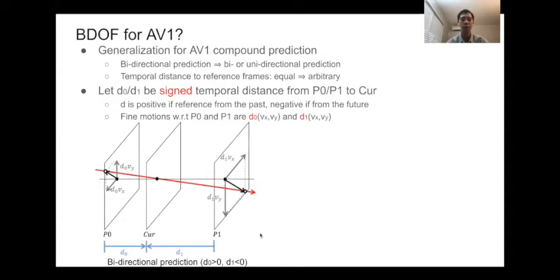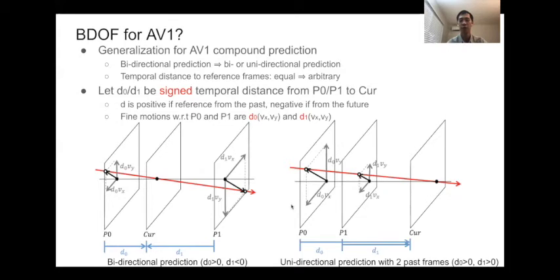It tells us that when the temporal distances are not equal, actually all we need to do is to make the magnitude of the fine motion proportional to the temporal distance. So the fine motion associated to P0 would be D0 Vx and D0 Vy. And that for P1 would be D1 Vx and D1 Vy.